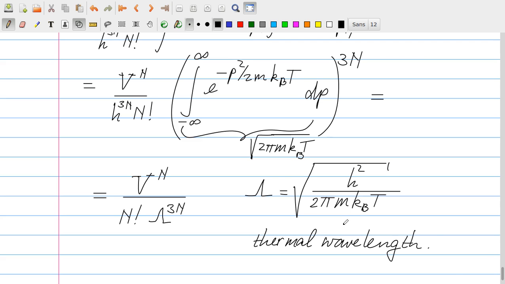And so if you look at this partition function, remember this was the partition function that we calculated. It's dimensionless, because here lambda is a length, so lambda to the power 3n gives me a volume to the power n, and here is also a volume to the power n. The n factorial is dimensionless, and so Z is really a sum over the number of states, as it should be.